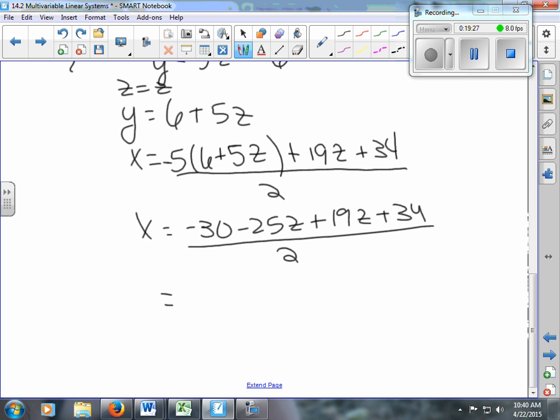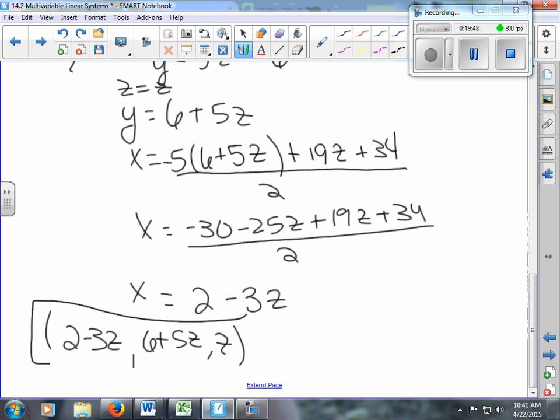And so that is 2 minus 3z. And so my solutions are 2 minus 3z, I divided by 2 at the same step, comma, 6 plus 5z, comma, z. All right, and that's all we have.